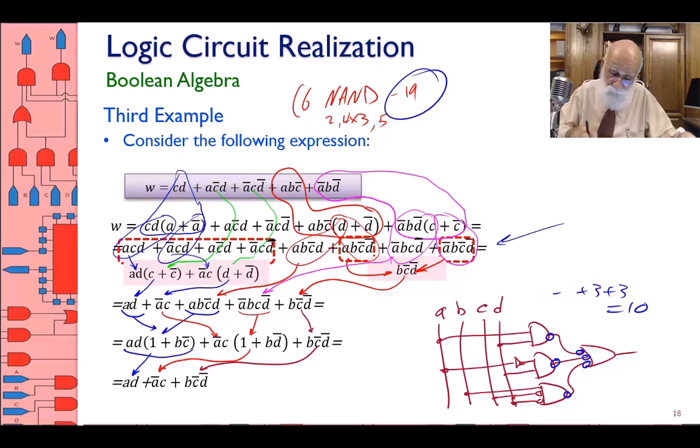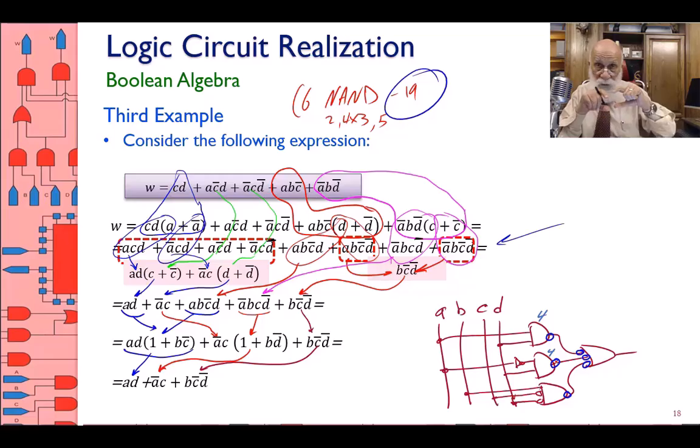If you want to count the number of transistors, even if you want to include the number of inverters, let's do as an exercise the number of transistors here. 4 here, if I'm doing CMOS. 4 here, 2 for the pull down, 2 for the pull up. 6 here, 3, 3. 6 here, and then 2 for the inverter.